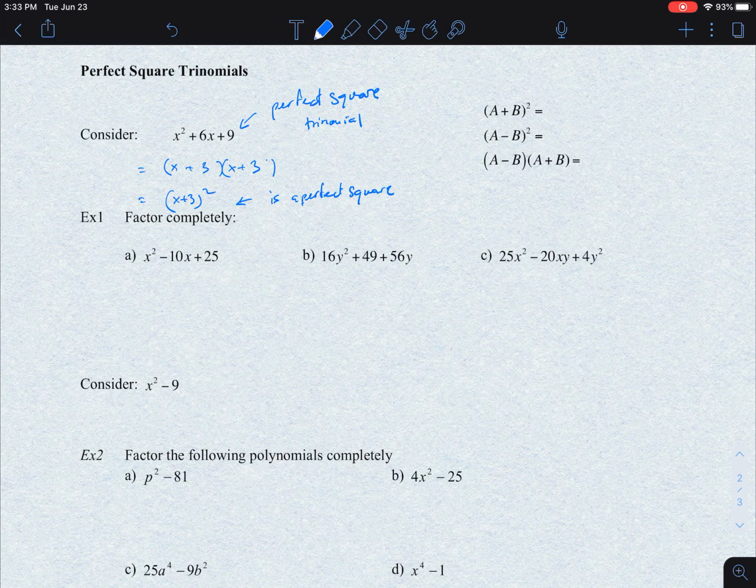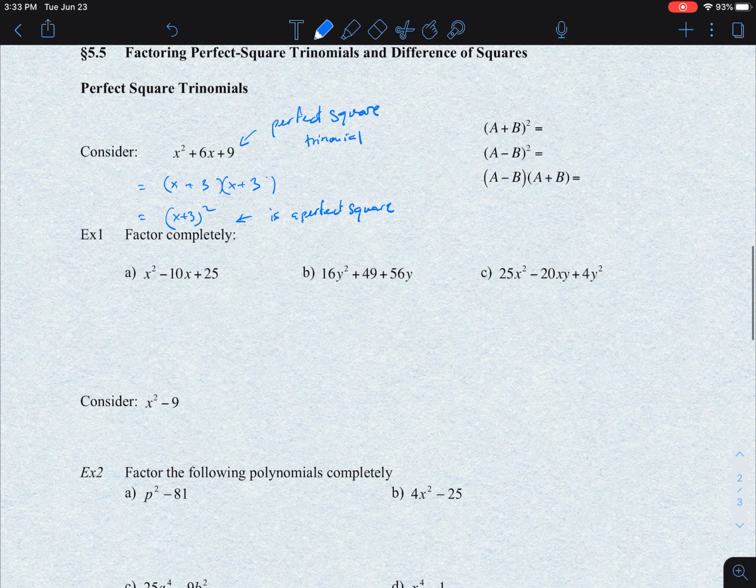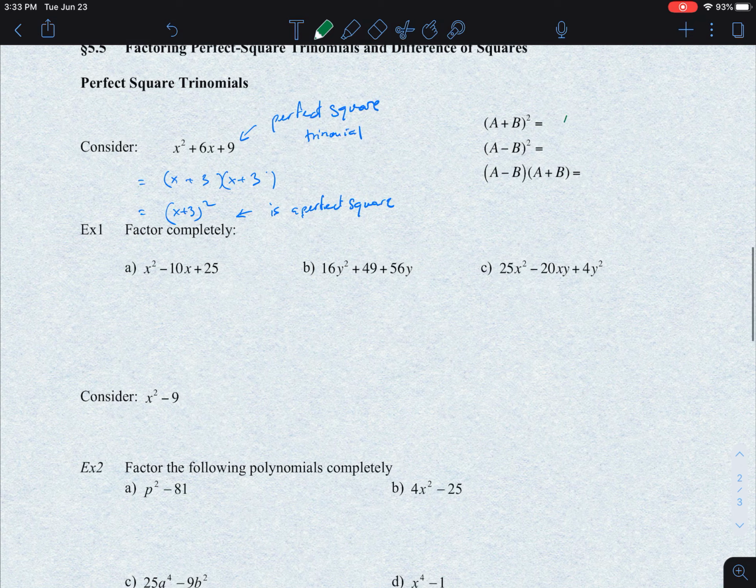And there is a formula for that. If we have a squared plus 2ab plus b squared, then we can say that trinomial can be factored into a plus b, the quantity squared.